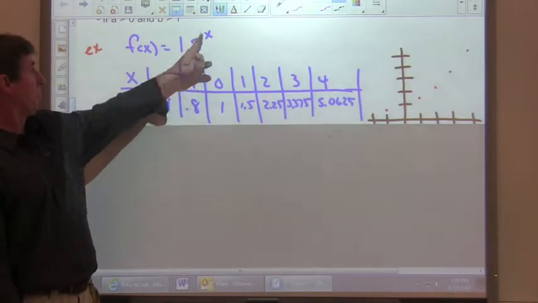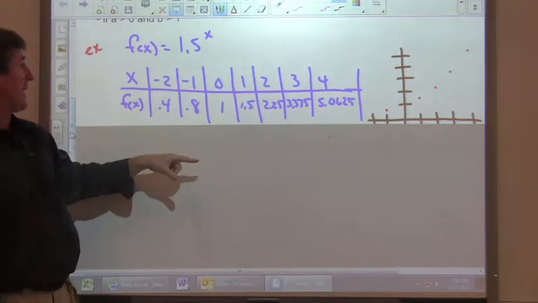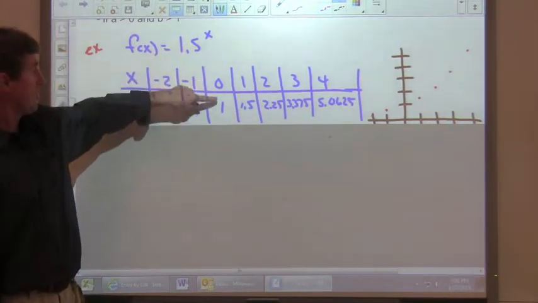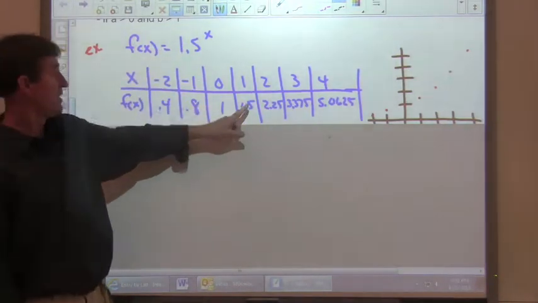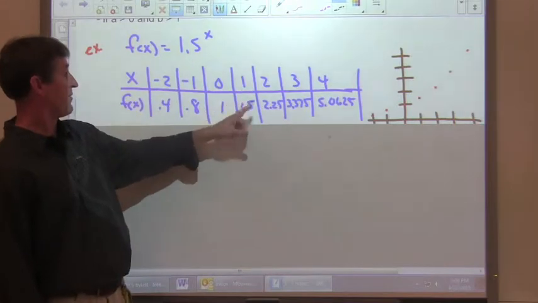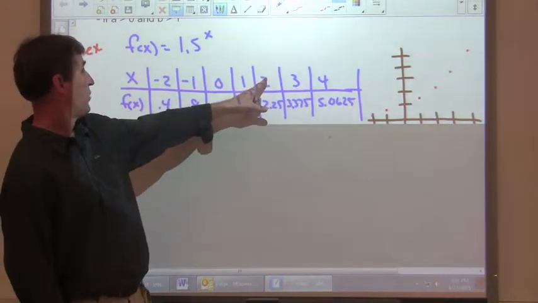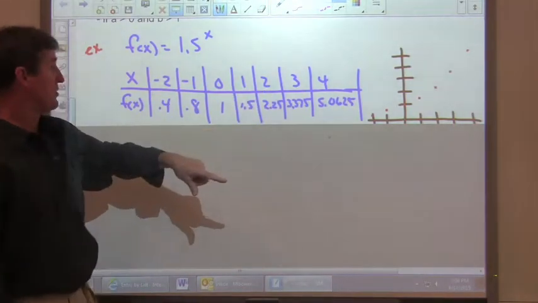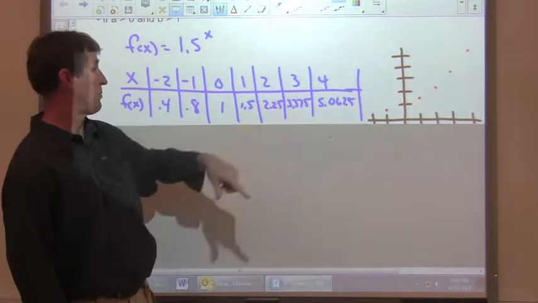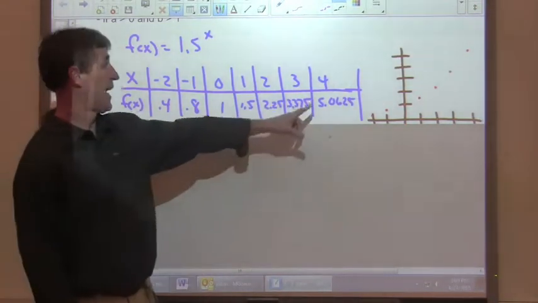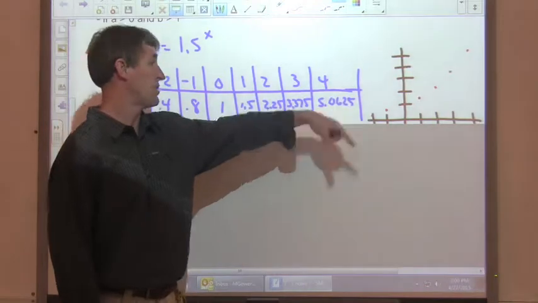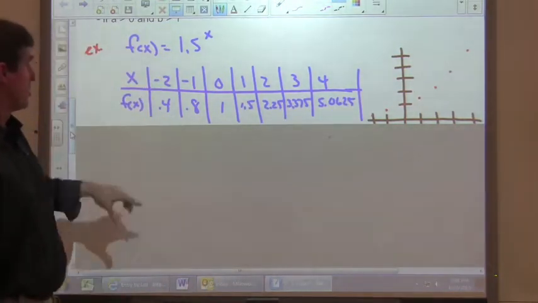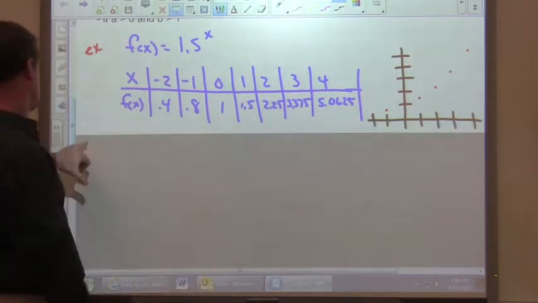Negative 1, or 1.5 to the negative first power would be 0.8. Remember, anything to the 0 power is 1, and then so on. So 1.5 to the first is 1.5, 1.5 to the second is 2.25, to the third is 3.375, and to the fourth is 5.0625. So you can see I've graphed that over to the side.